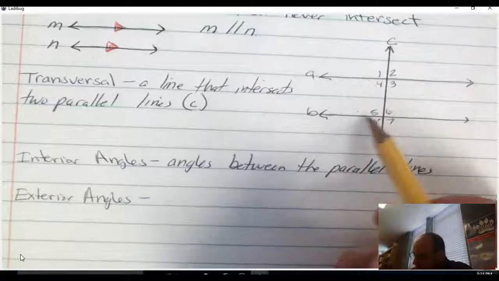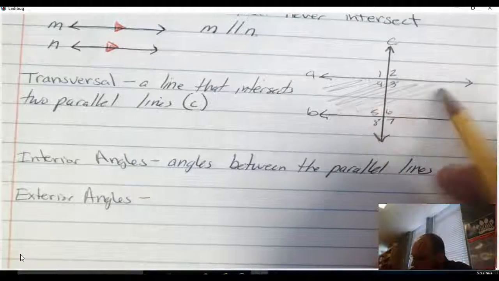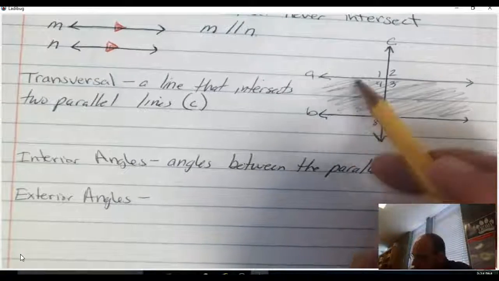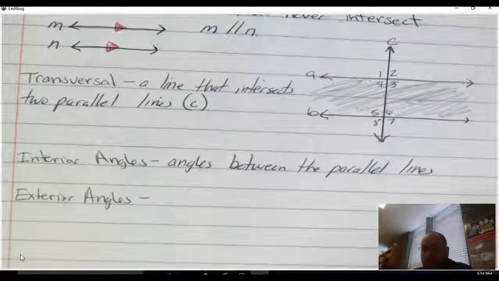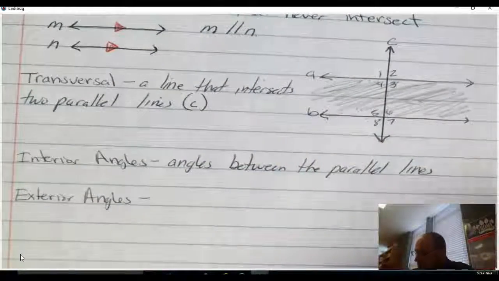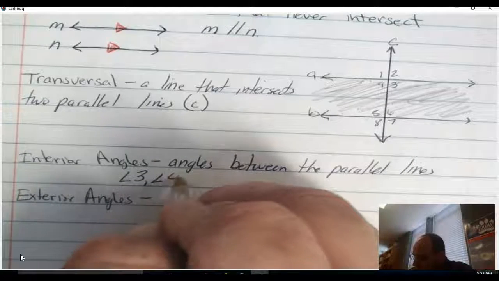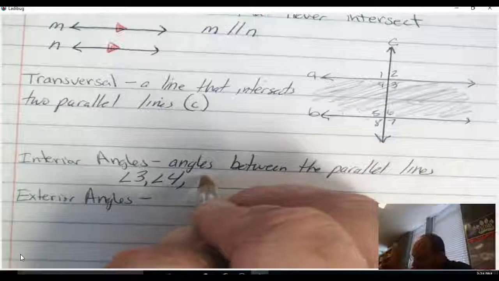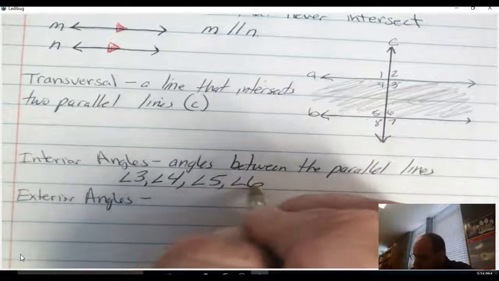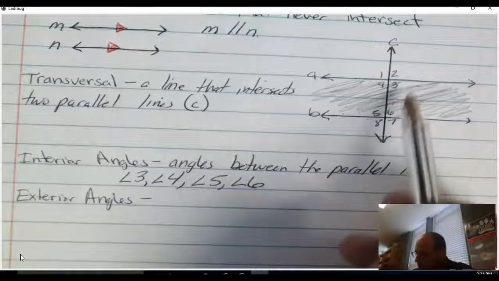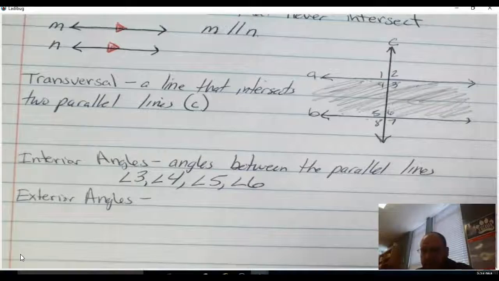So here's A and B, and so it's everything between. So everything I'm shading here, these are my interior angles. So angles 3, 4, 5, and 6 are interior angles because they're between the two parallel lines.